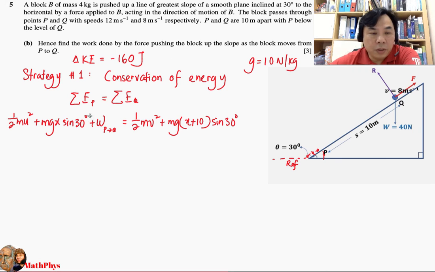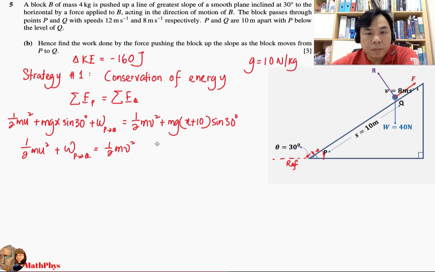And then from here, you will notice that the mgx sine 30, we have mgx sine on this side, we have mgx sine on the other side also. So therefore we can cancel both sides. We have, and then this is what we left with.